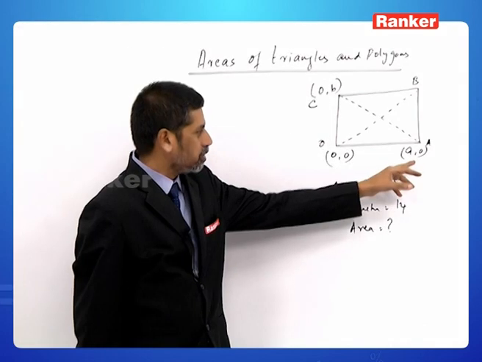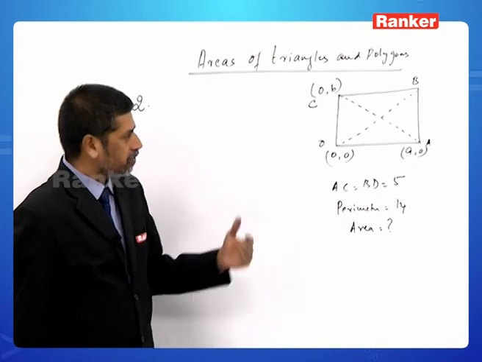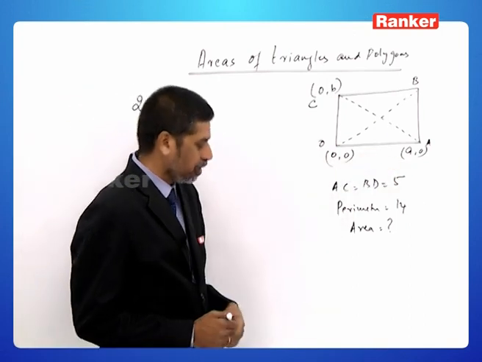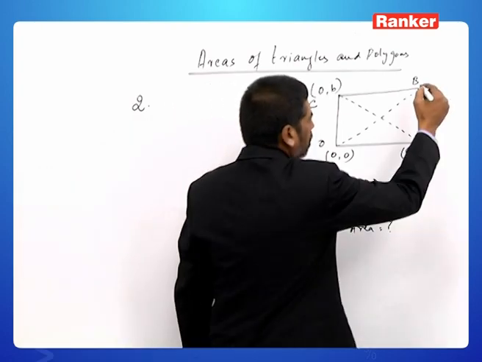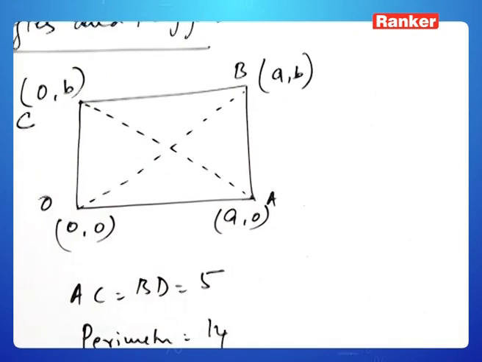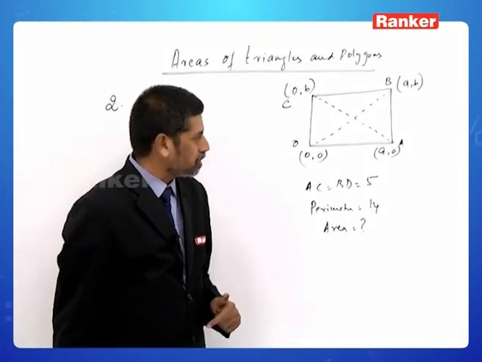So this is on the x-axis, this is on the y-axis. So you can easily see that we are in the first quadrant, right? If you assume A is positive and B is positive, then without much difficulty we can say the coordinates of the fourth vertex will be (A, B). So the whole problem has become extremely simple.